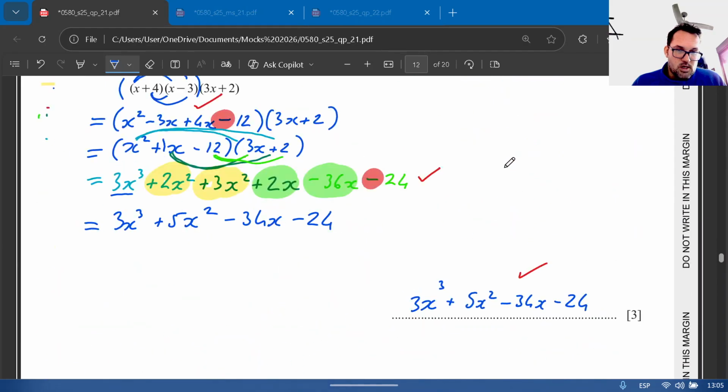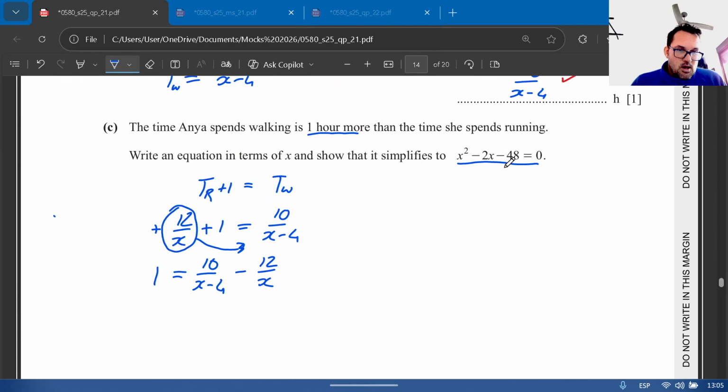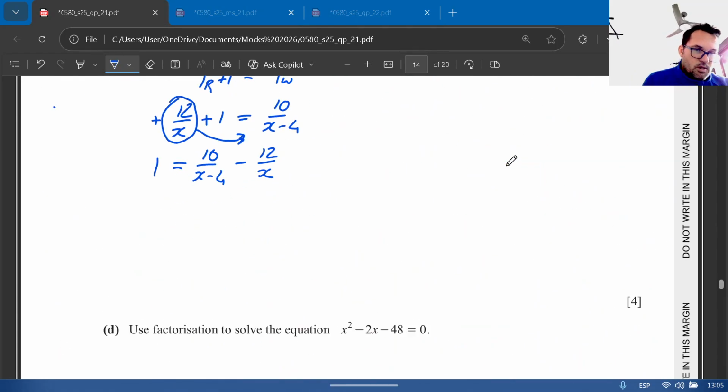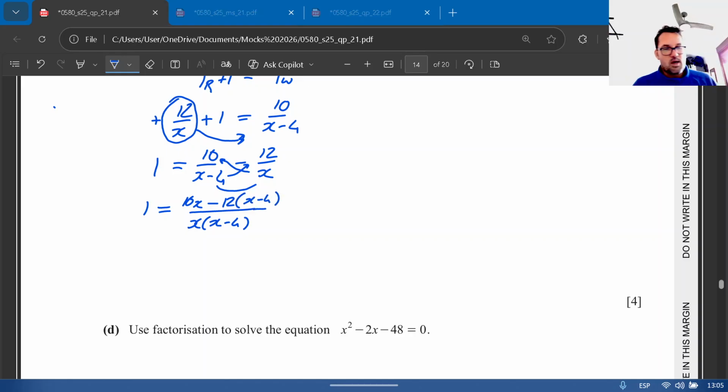So we do the same here. The 1 can hang around there. Multiply this together, which will give us X over X minus 4. Multiply the X with the 10, which is just 10X. Then there's a minus, and then multiply the 12 by all of X minus 4.